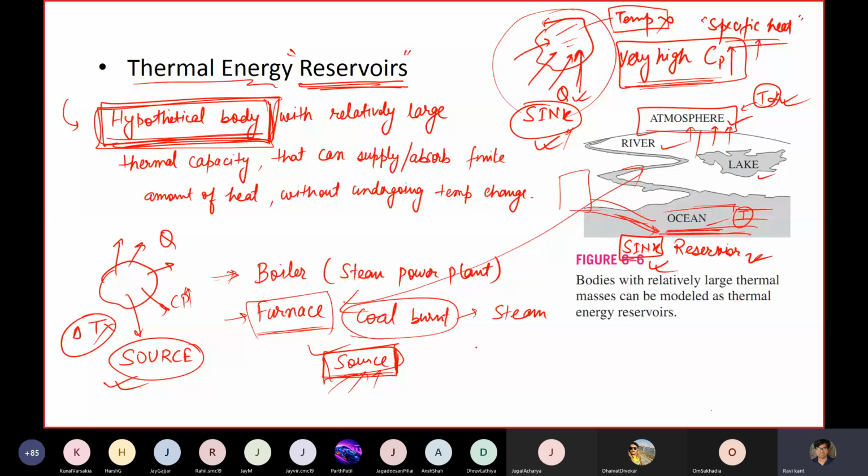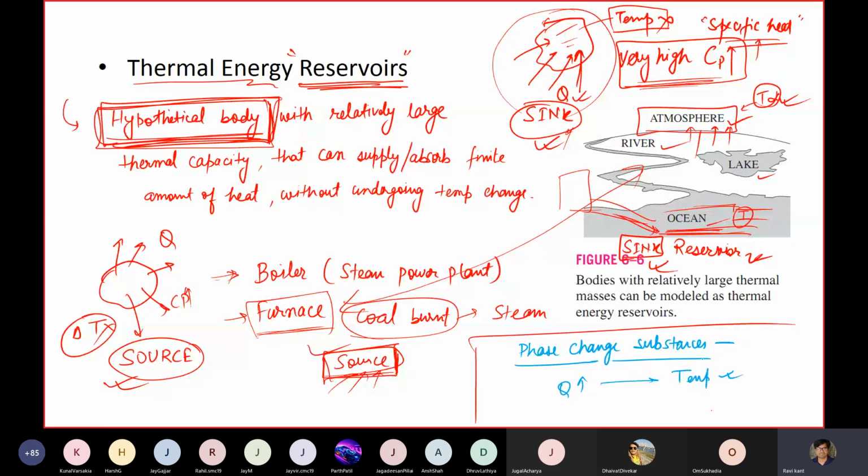Phase change materials. So what are these phase change substances? They take an almost infinite, very great amount of heat, and even though the temperature doesn't change, right? We have seen that during phase changes. We have seen the plots, such as you have.